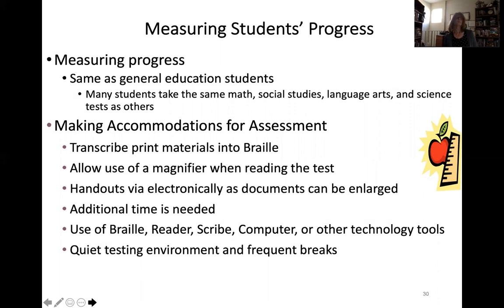In other words, do we have to transcribe print material into Braille? Do we have to provide handouts electronically in order for things to be enlarged? Additional time needed? Other types of technology tools? And that's really the crux of measuring student progress.